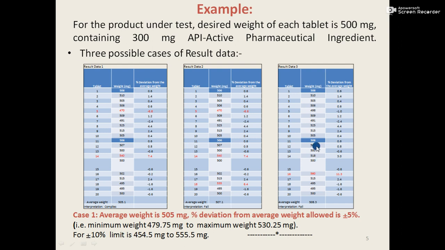If we refer to the data given in table number 3, we can see that out of the 20 tablets, one tablet deviates from the 10% limit. So this indicates that the product fails to comply with the test. So this is about the weight variation test.